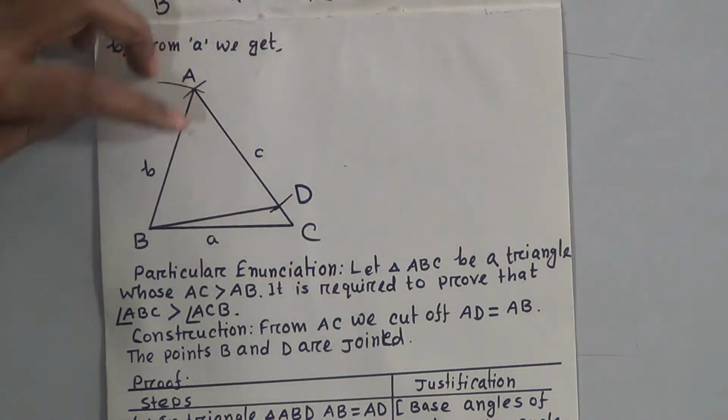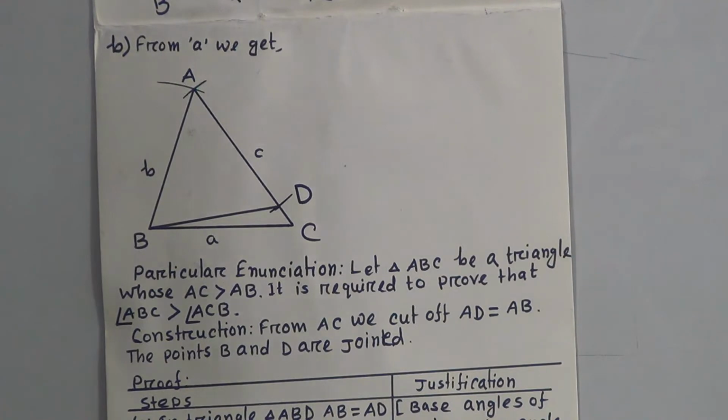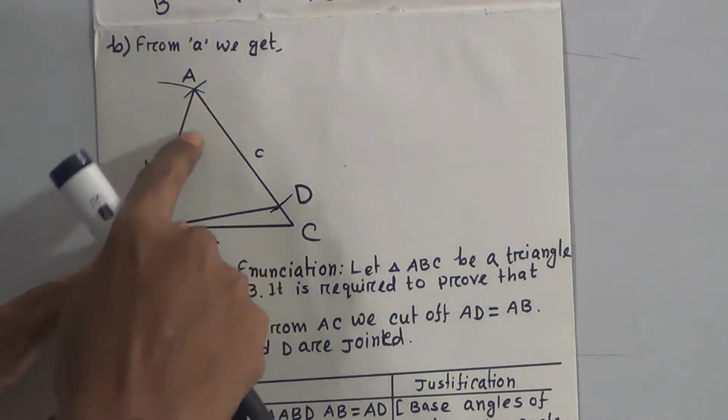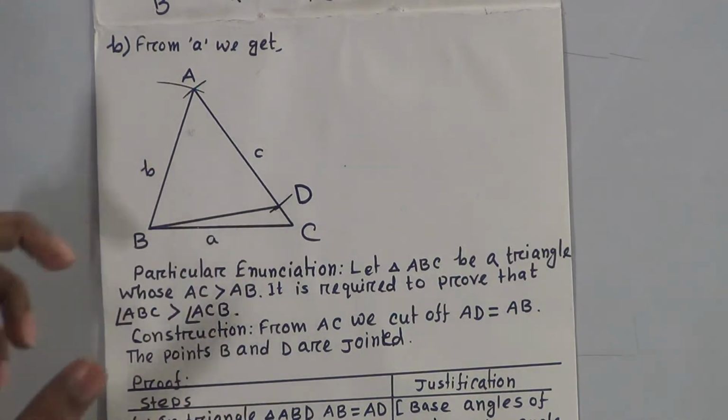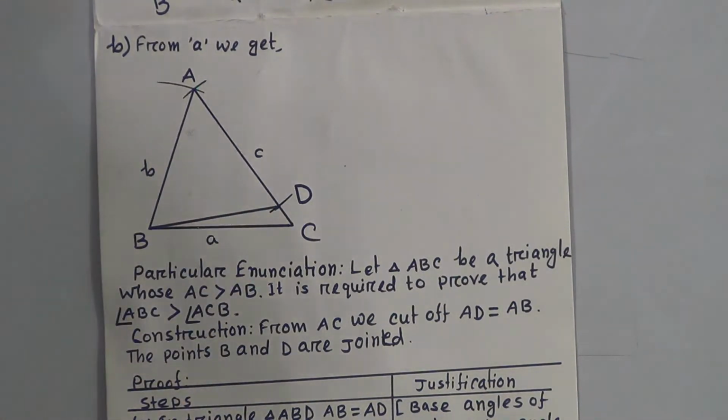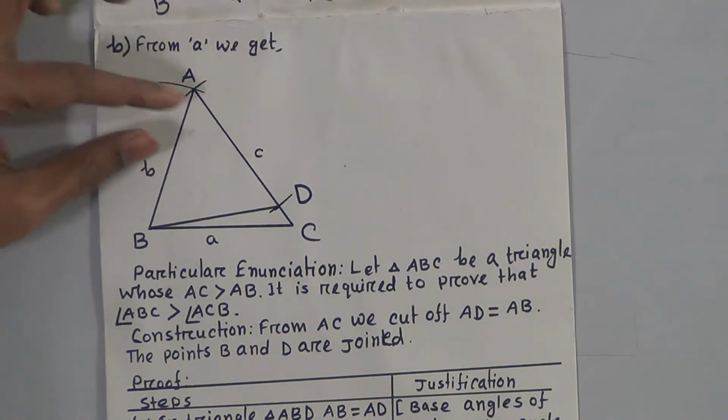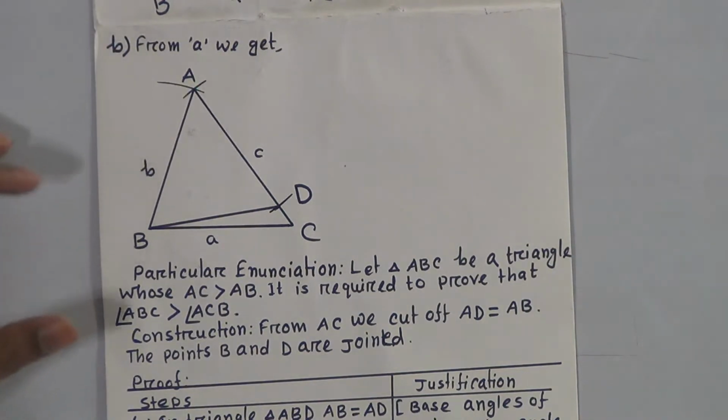So this angle and these angles combine. Look, that means what? An external angle is greater than each of the two opposite internal angles. That means the sum of these two angles must be greater than angle BDC.